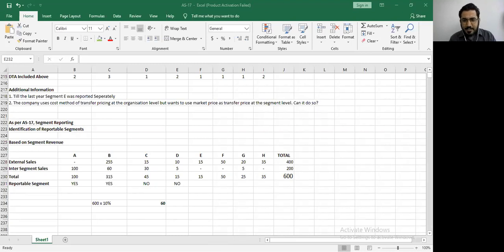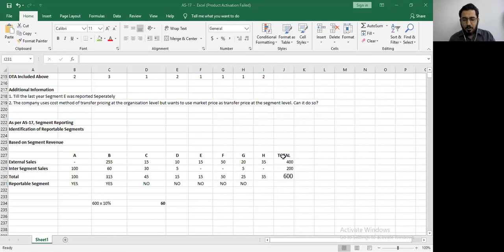What about segment E? Are separate disclosures required for segment E? No disclosures required. And segment F? No, separate disclosures again not required. What about segment G? No disclosures required.